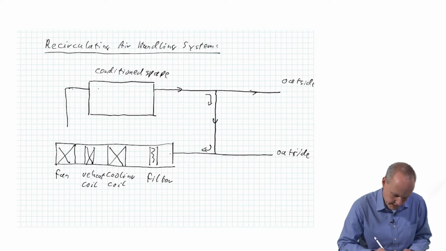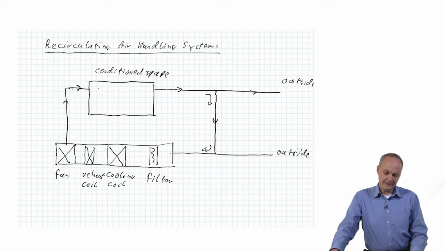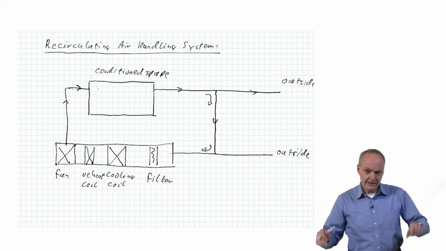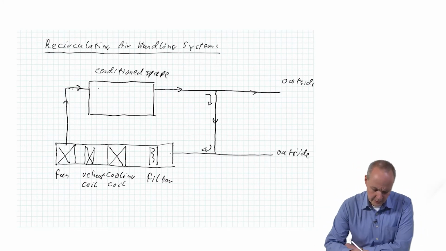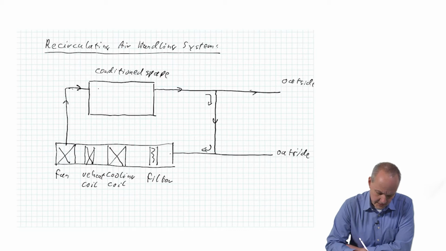And we're bringing the air with that fan into our conditioned space. Okay? So typically what you will do is you will recirculate somewhere between 60 to 80% of the air. So let's say this mass flow rate is 60 to 80% of the air, and that means you're discharging only roughly 20 to 40% of the conditioned air.